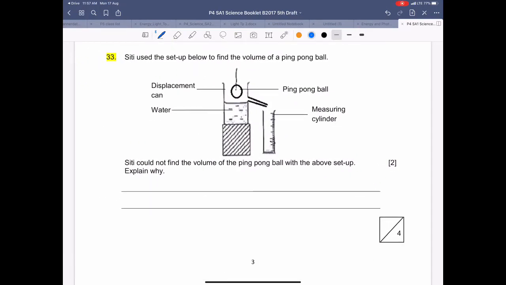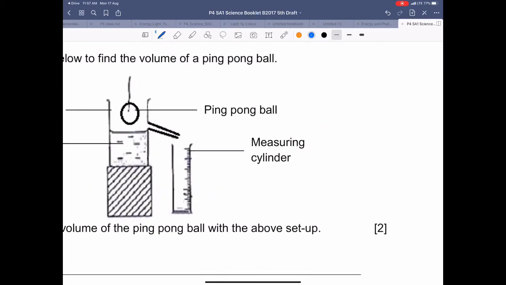Okay, next one. This is very important. Siti used a setup below to find the volume of a ping pong ball. Siti could not find the volume with the above setup and explain why. Now, this question is actually testing you on the concept of how to find the volume of small objects.